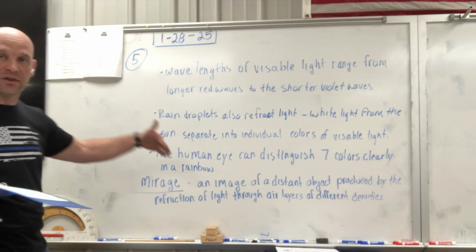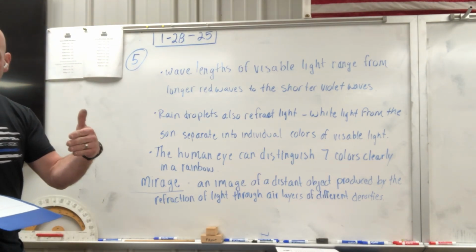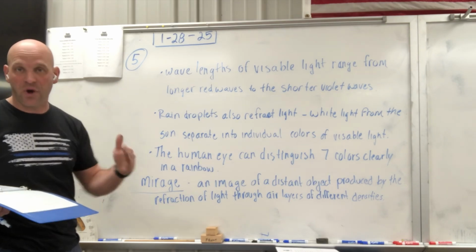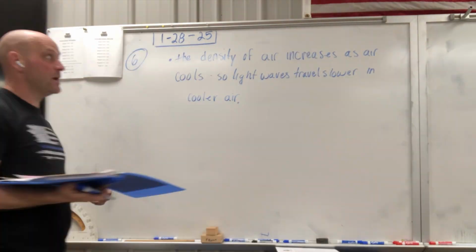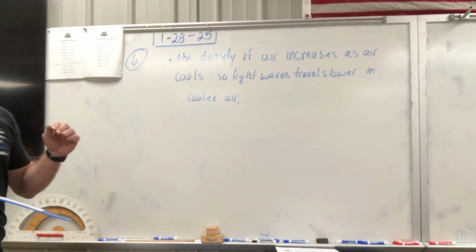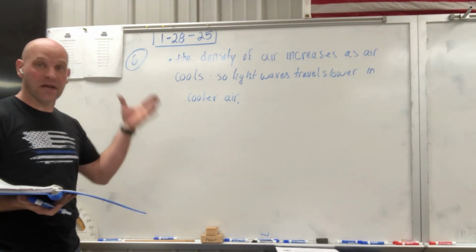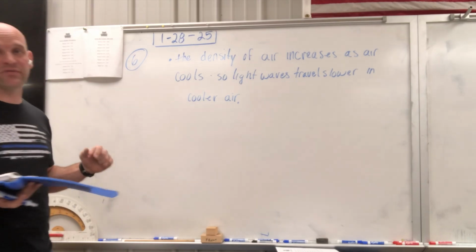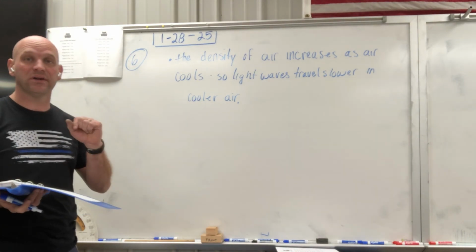So the light going through those different air layer densities refracts the light. As it's warmer, air density is reduced. As it is cooler, air density increases, so the light waves will travel slower in cooler air, in more dense air.